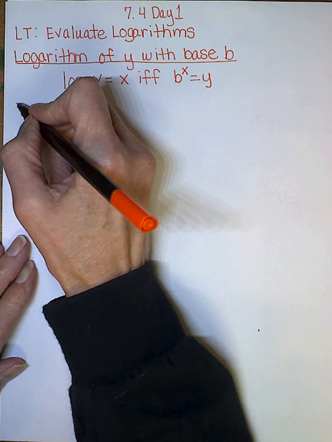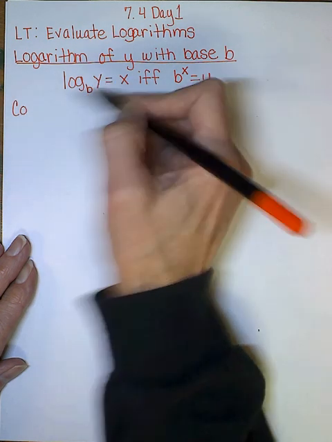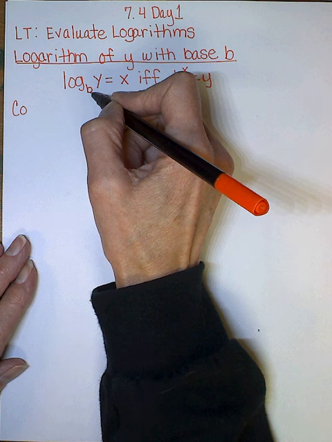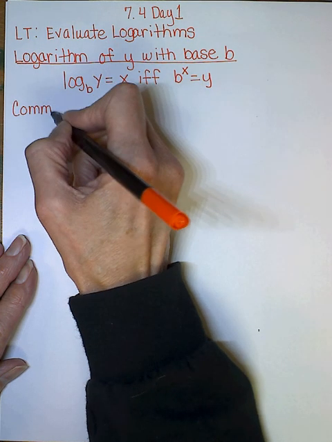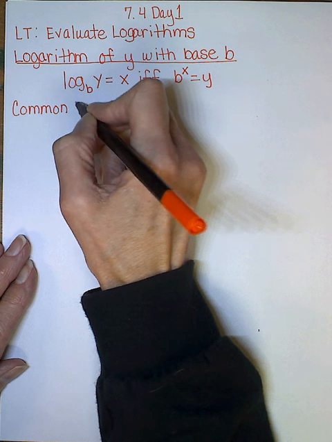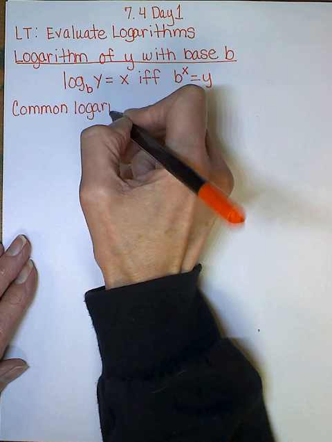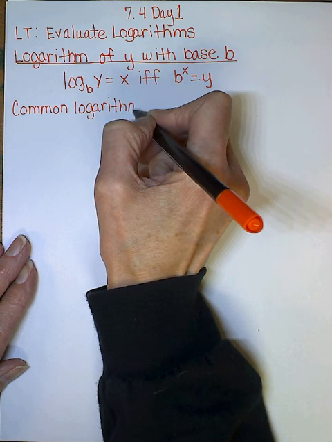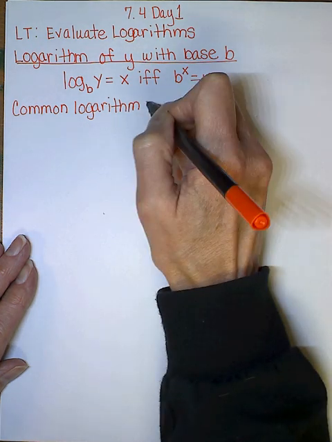You have two kinds. You have this where the base can be a different number, but you also have another one called the common log. And the common logarithm is a logarithm with the base of 10.